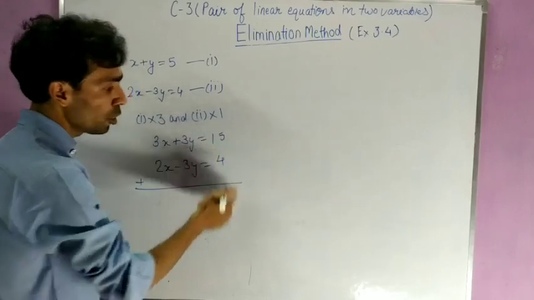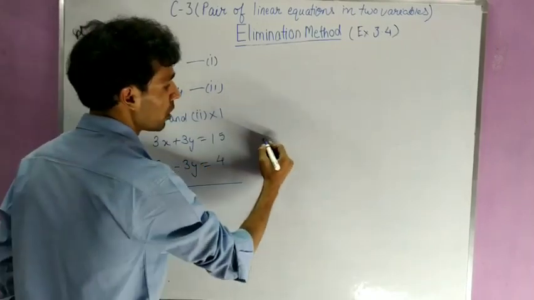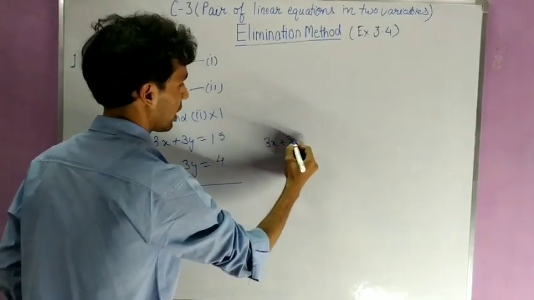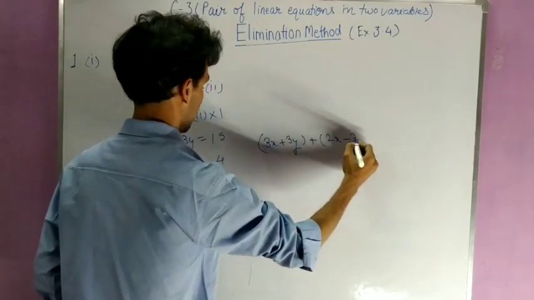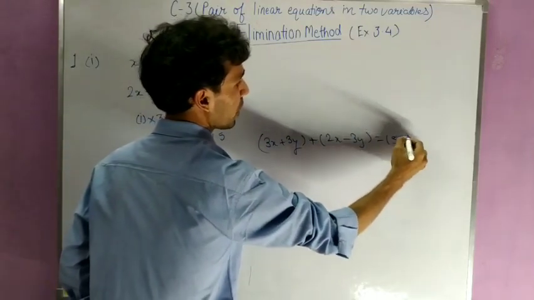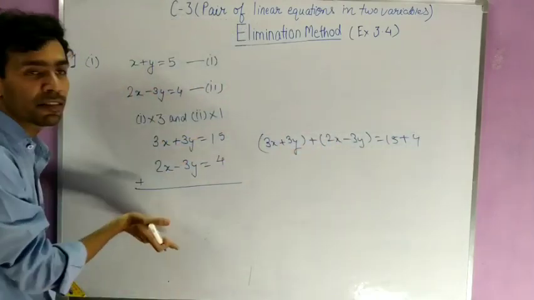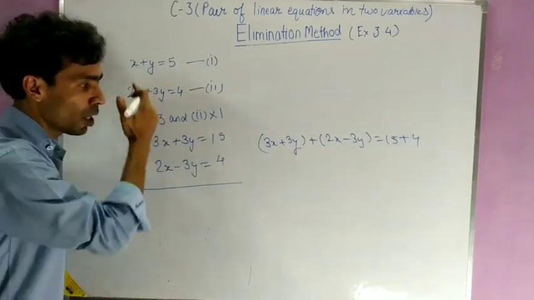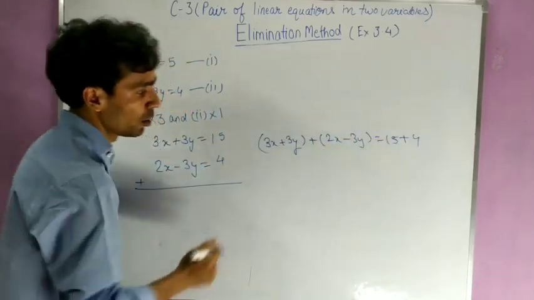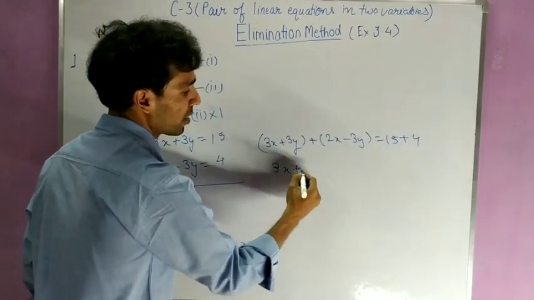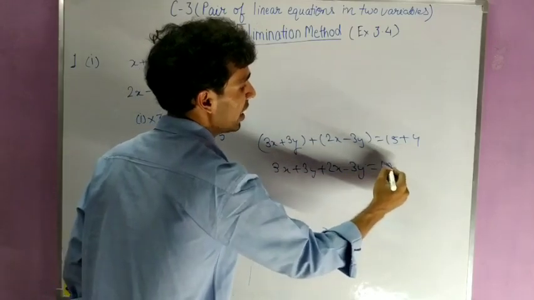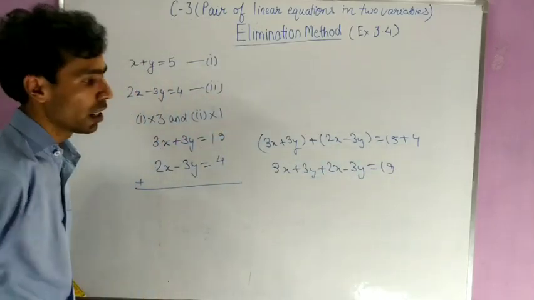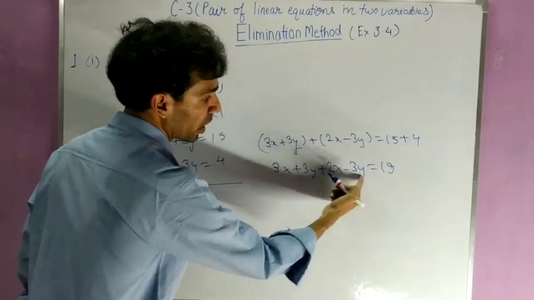Suppose you have to add these two, for example 3x plus 3y plus 2x minus 3y equal to 15 plus 4. Same thing we have written like this in the column method, and this is the horizontal method. So 3x plus 3y plus 2x minus 3y equal to 19. Now 3y, see, again both have the same sign?